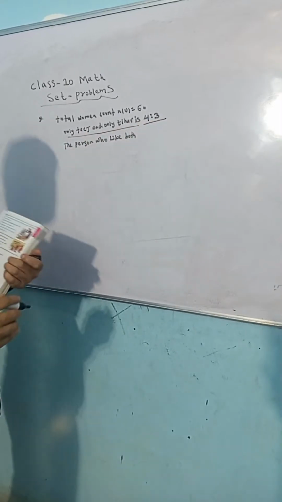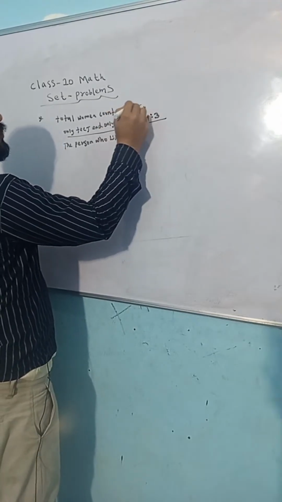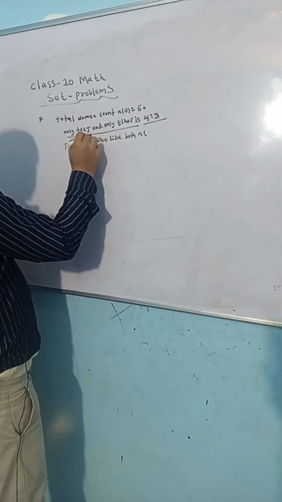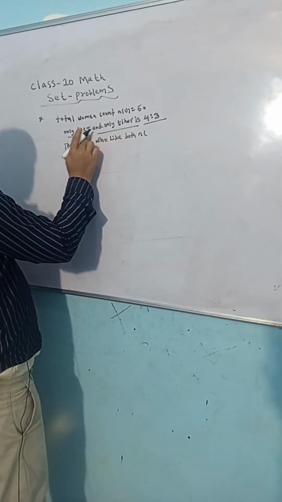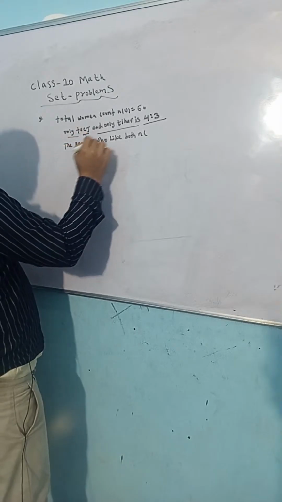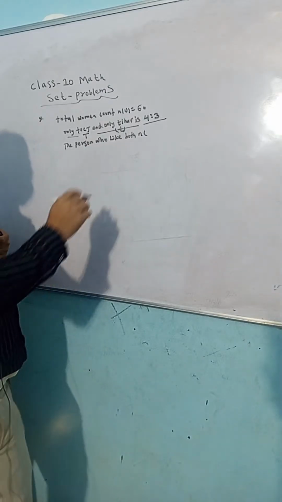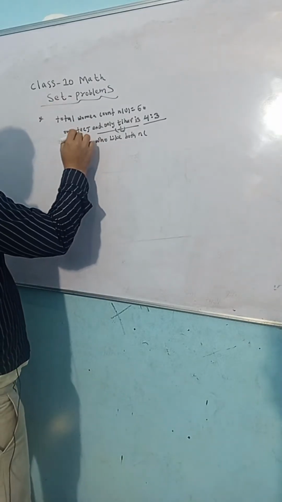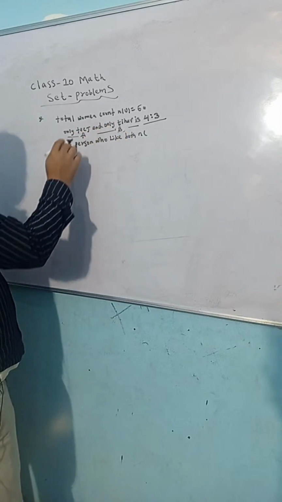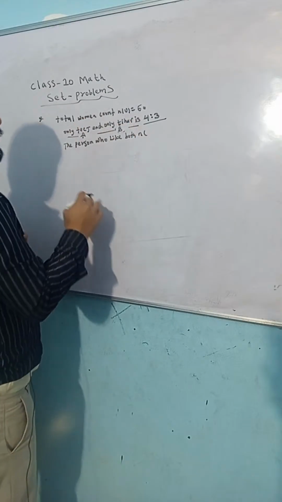Here the total count is given, and for those who like both, just assume Tej as T and Tihar as t, one with capital and one with small, or you can assume any value, a or b. Tej you can assume as a and Tihar you can indicate with the letter b.